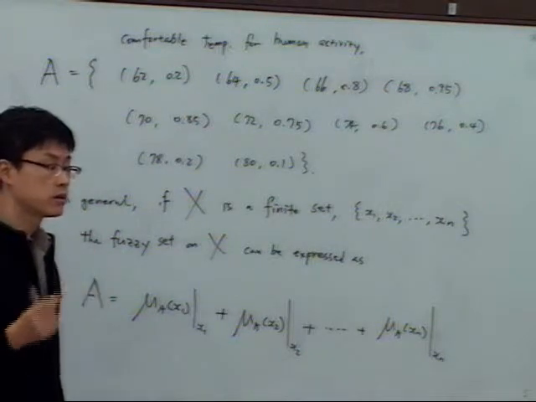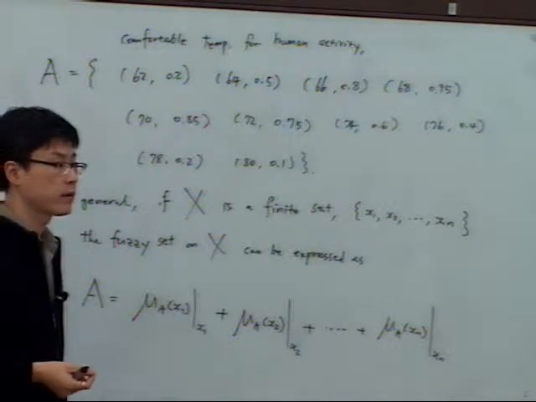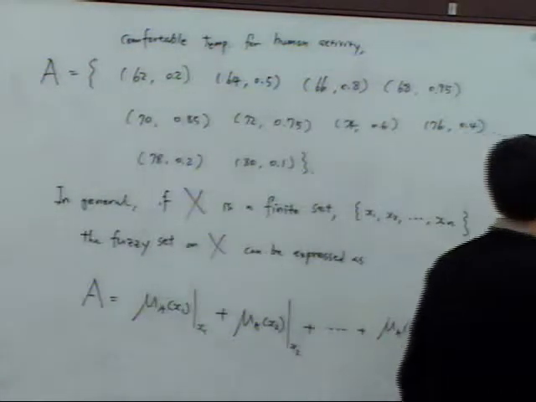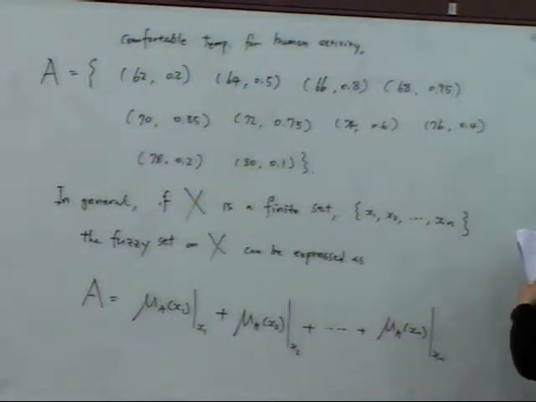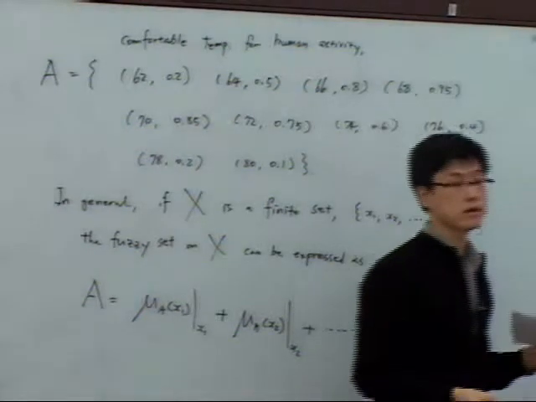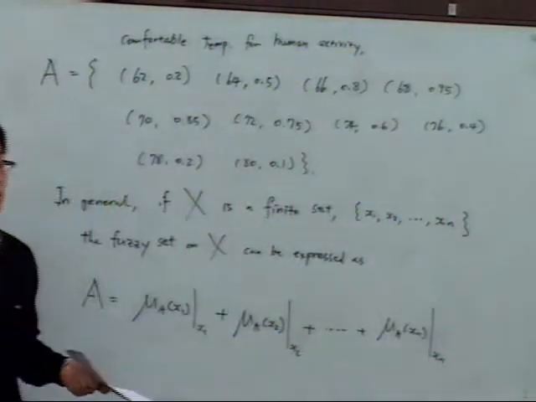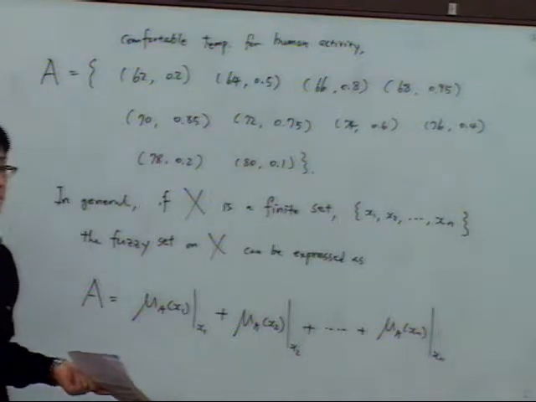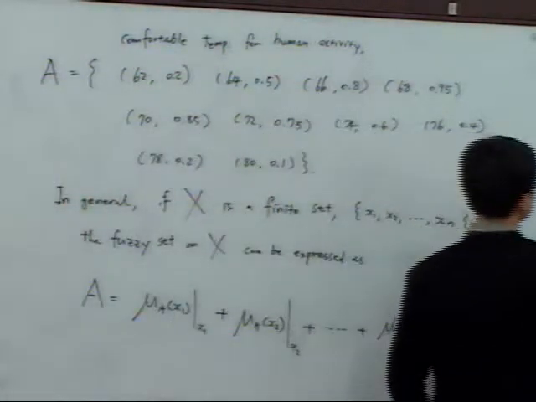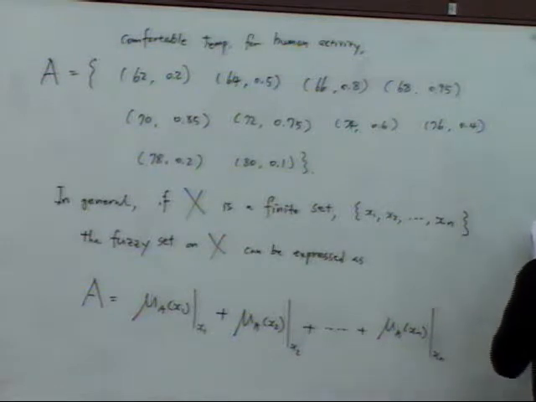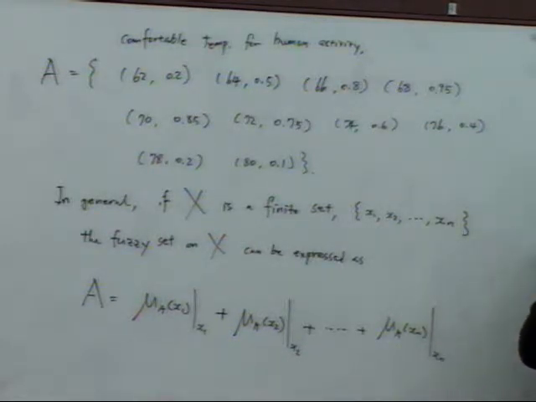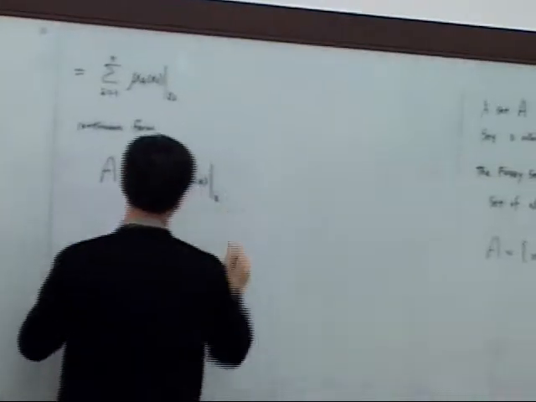We can count the number of elements one by one. But if you go further, if the set is not finite, such as the set of real numbers, we cannot count, then that's the form.